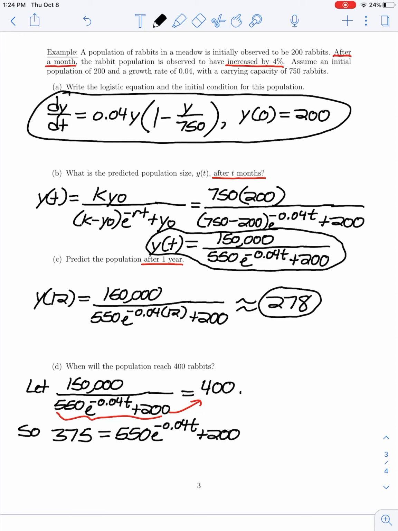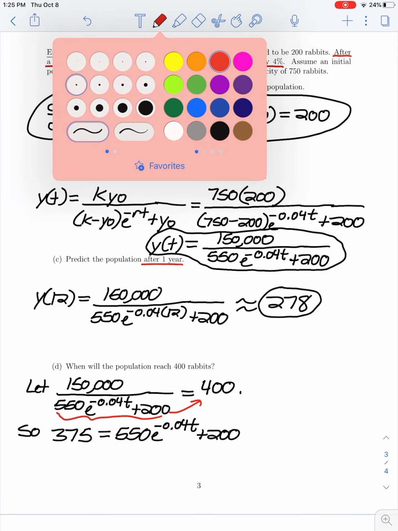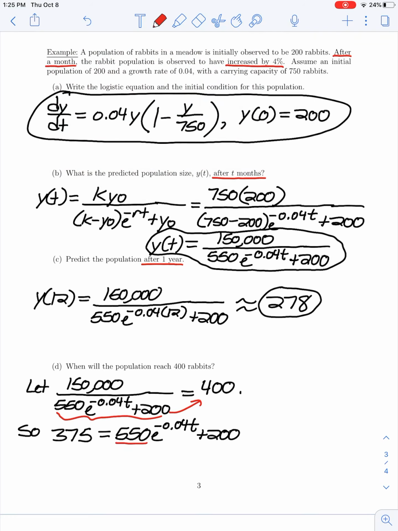So now I could subtract 200 from both sides and then divide by this constant 550. Subtracting 200 from both sides, I would have 175, and then dividing by the constant 550, I would be left with e to the negative 0.04t.